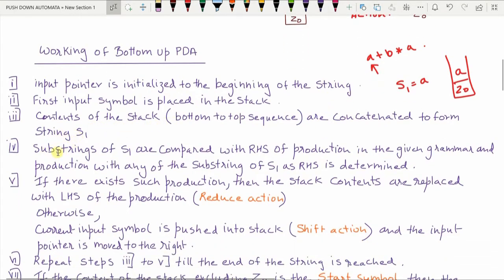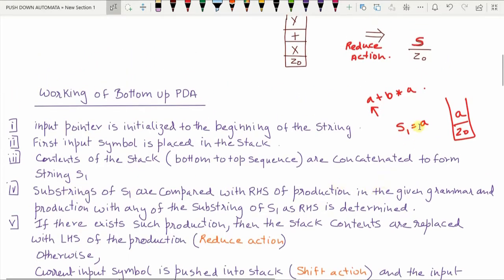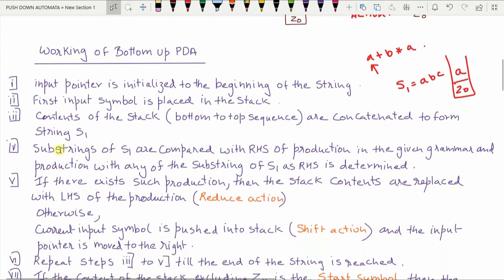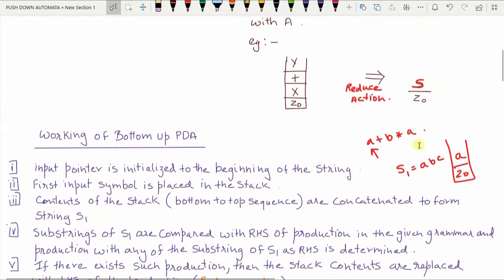Now the substrings of S1. Since there is only a single symbol here, it doesn't cause any problem. But suppose the stack contained more symbols, say A, B, C. After reading from bottom to top, suppose we get this substring S1, which is ABC.